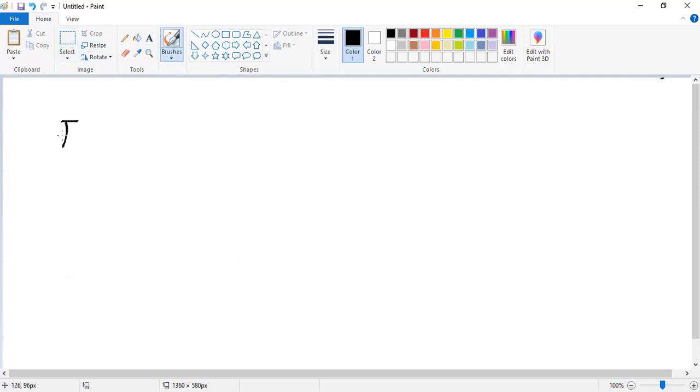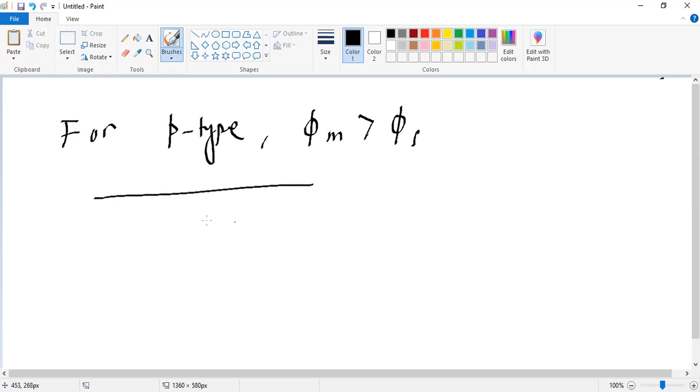So for P type, suppose we are taking a P type semiconductor forming a contact with the metal. Then what will happen? Phi m is greater than phi s will be considered. Exactly the same way, we will do before contact. We got this EFM, and suppose this is the metal side. We have a conduction band.